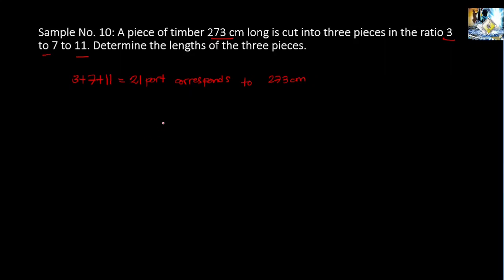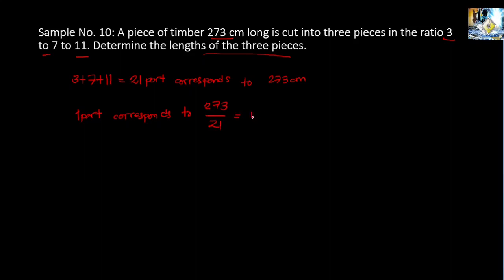Going back, we need to determine the length of the 3 pieces. Let's start with 1 part. One part corresponds to the total length over the total parts, that is 273 over 21.